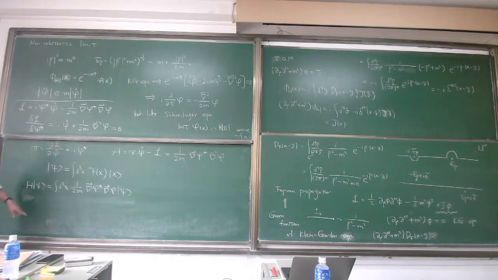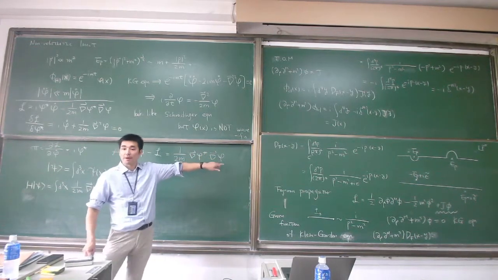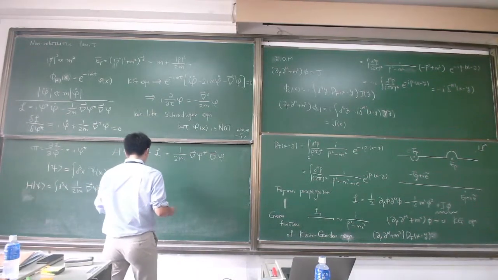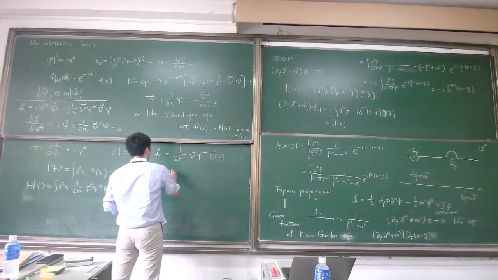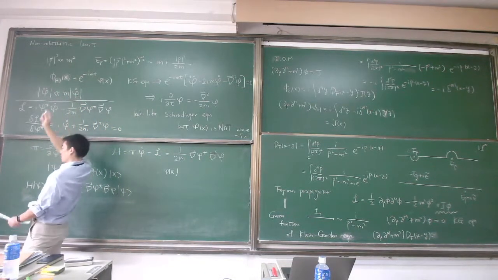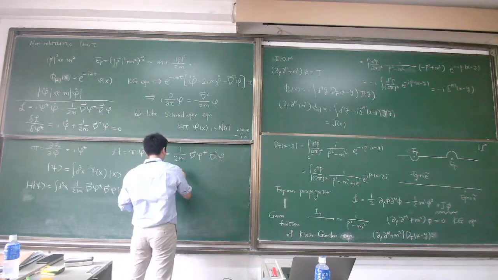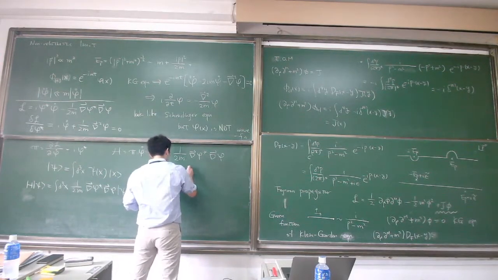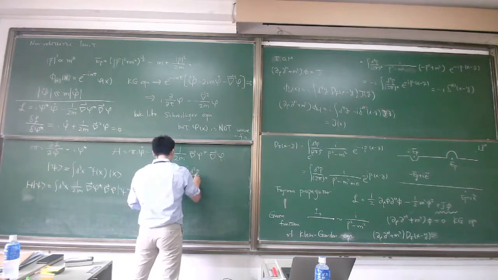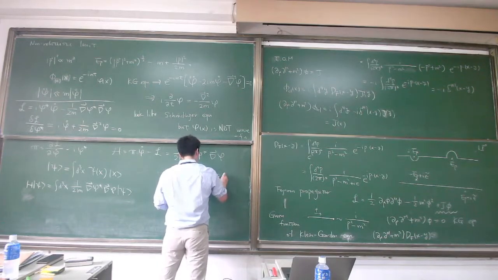And now this phi, this field phi, we still treat it as an operator. So the operator has the Fourier expansion, and we take only the time-forwarded component. So therefore, what we pick is only this part of the integral, a_p e to the i.